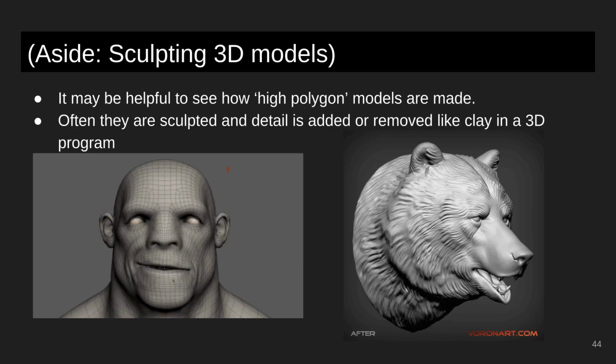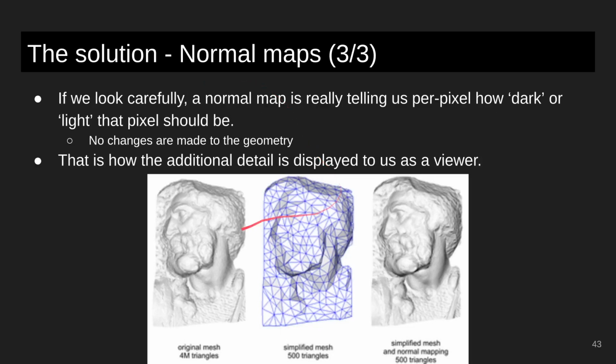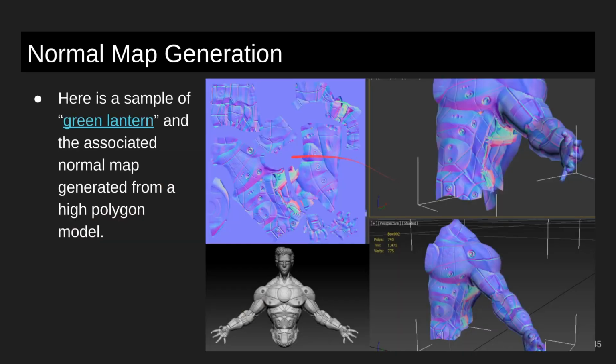So the normal vectors of each of these triangles, I've captured that information as a texture, and then it generates this bluish image. And again, it's blue because a pixel is made out of red, green, and blue, which we encode as X, Y, and Z directions, and the blue is always 1 because the model is facing towards us when these are generated.